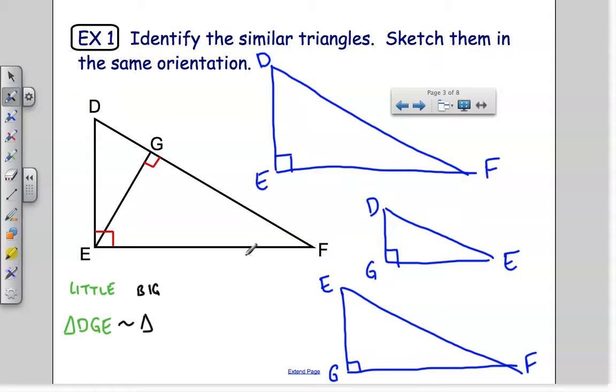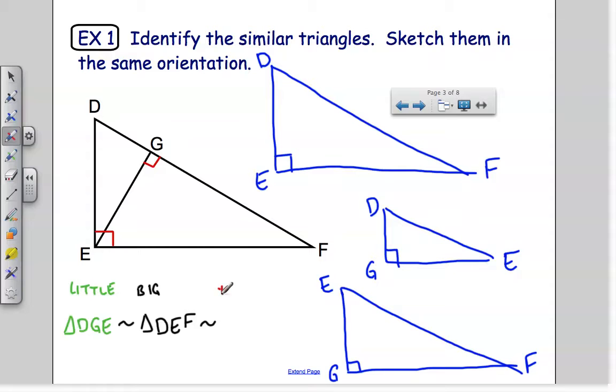D was an angle in both triangles, this little guy and the big one. So D came first, it'll come first again. In the green triangle, I did G, which was the right angle of that little triangle, next. For the big triangle, the right angle is at E, and the last vertex of the big triangle is at F. And that's similar too.